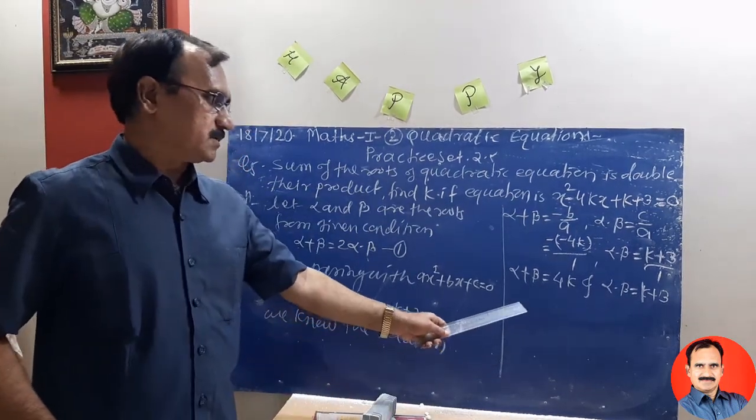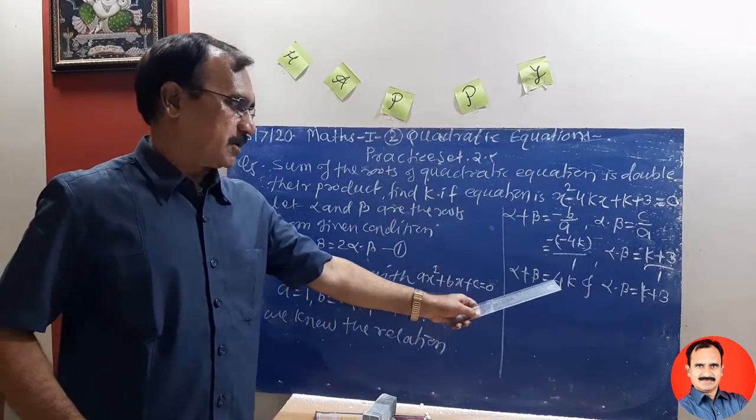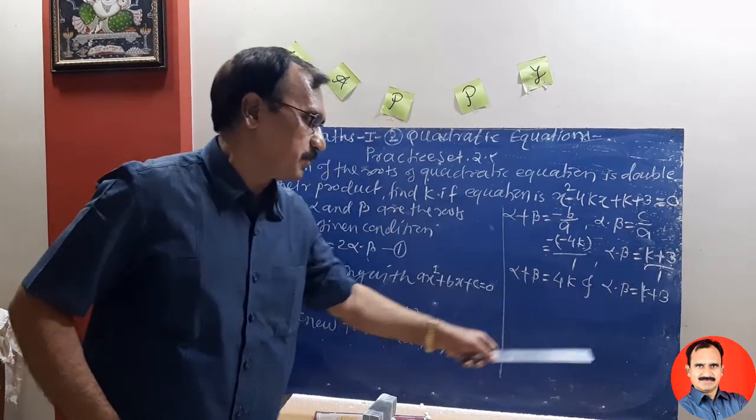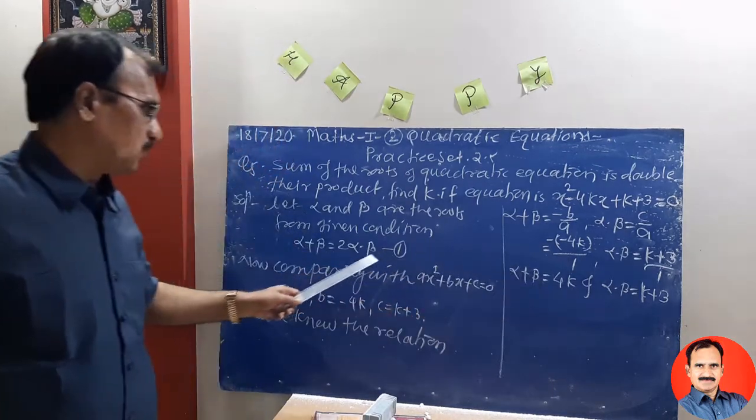Now we know from this calculation alpha plus beta is equal to 4k and alpha into beta is equal to k plus 3.